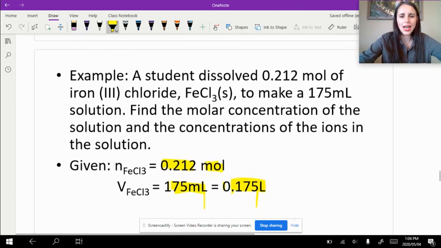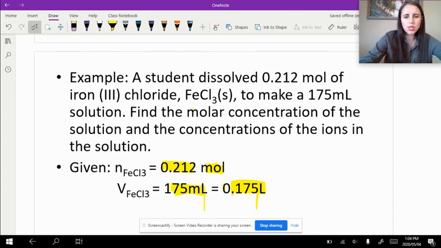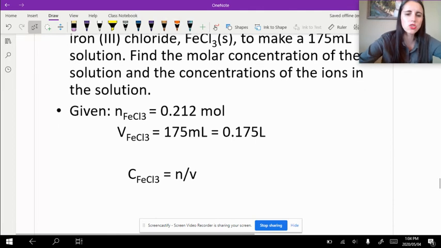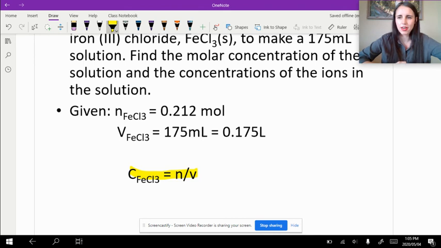Now the question is asking us for the molar concentration, and it's also asking for the concentration of ions. I don't quite know how to do the concentration of ions yet, but let's go ahead and do the molar concentration. It's going to be exactly like our first question: number of moles divided by our volume.